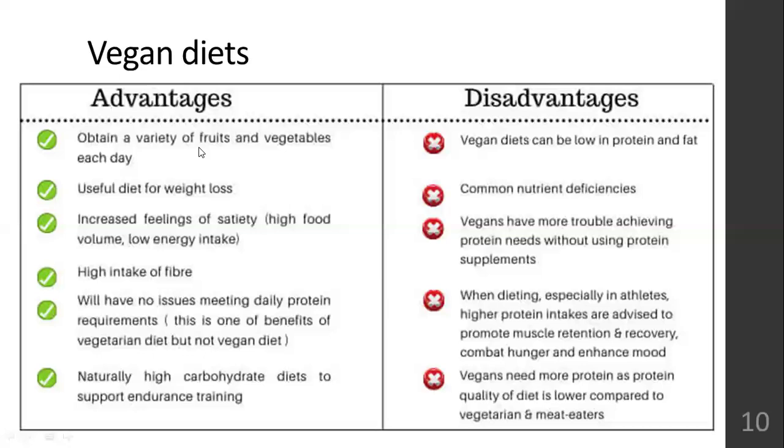Through a vegan diet, it is difficult. For muscle retention and recovery, and also to fight hunger during matches, it is difficult with a vegan diet. Vegans need more protein, as protein quality in the vegan diet is very low.